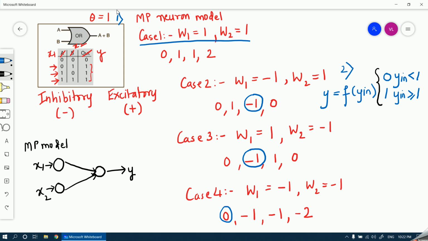Our w1 is going to be equal to 1, and our w2 is also going to be equal to 1. So this is how we can represent our OR gate in the form of an MP model, where the value of theta or threshold is 1.